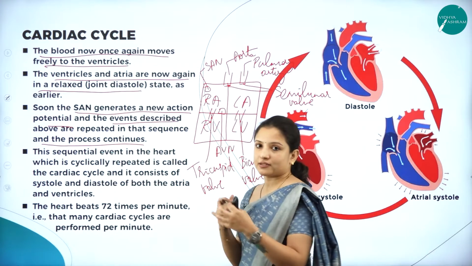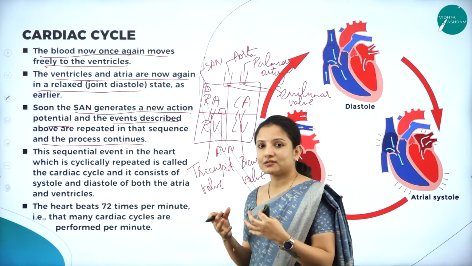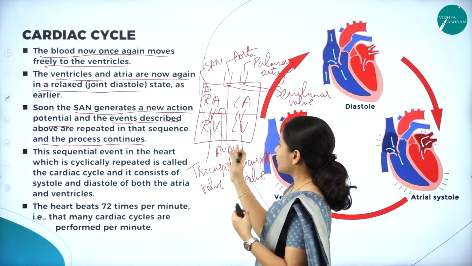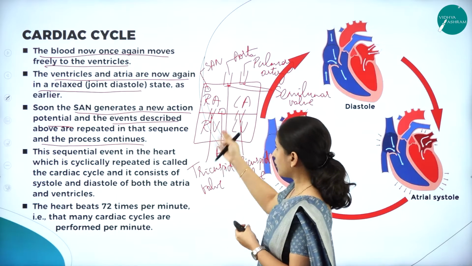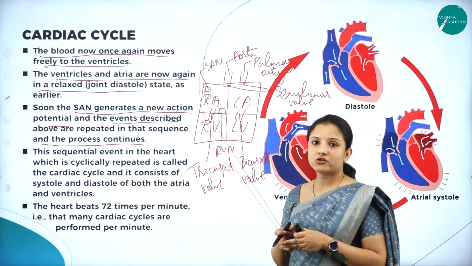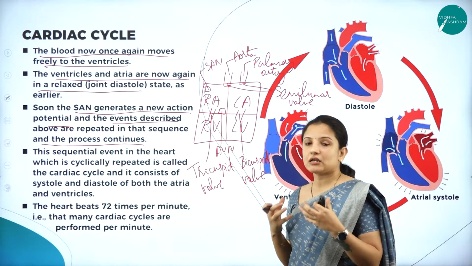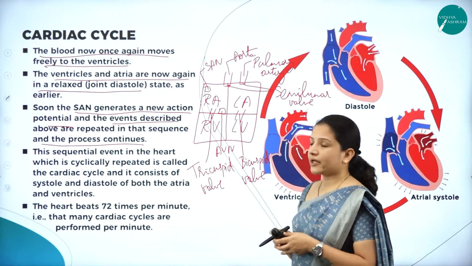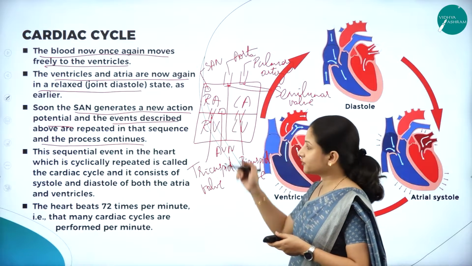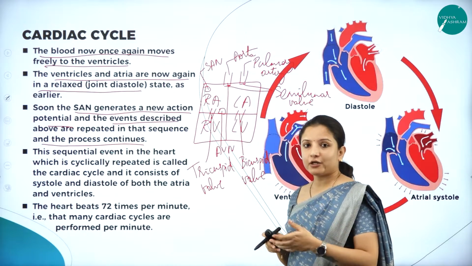So in this sequence, the atrioventricular node created the impulses or action potential that caused the contraction of the right ventricle and the left ventricle, creating a pressure. That pressure caused the closure of the tricuspid valve and the bicuspid valve, so that the backward flow of the blood will not occur.